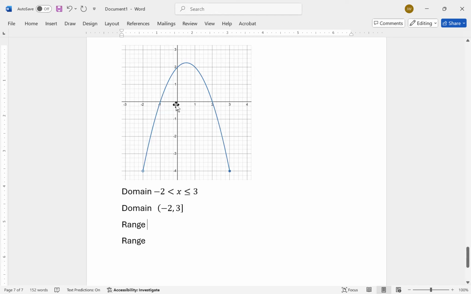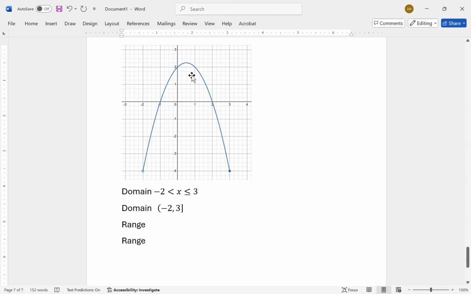The range, well, the bottom of the range is clearly -4. We have one point there which cannot be touched at -4, but our other point does touch -4. So our y value can touch -4.